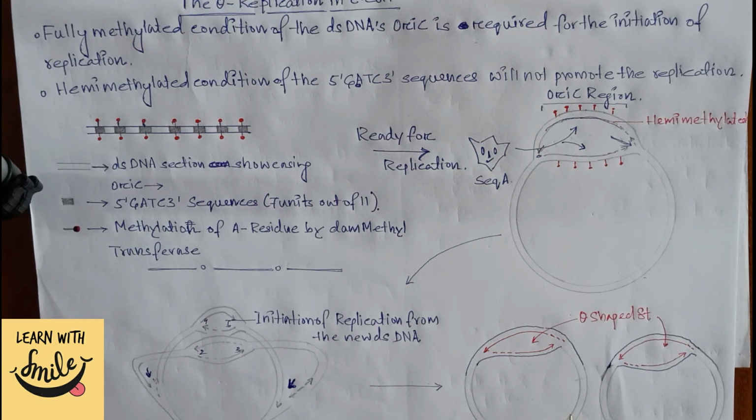And therefore it is said that the replication process takes 40 minutes, but the cell division process only takes 20 minutes, because 50% of the DNA replication has already been completed in the previous stage itself, even before the completion of the first round of replication.